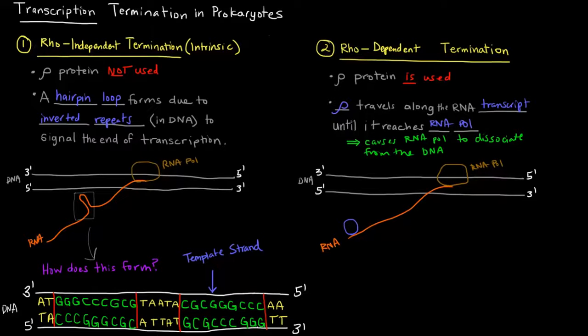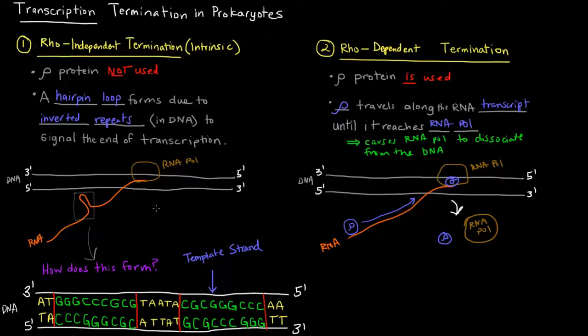Okay, so if we imagine this to be our DNA strands, this is RNA polymerase, it's going through making RNA, then this little rho protein hops along. Now rho is going to travel along this mRNA until it reaches RNA polymerase, and when it does, it's going to cause the RNA polymerase to fall off, dissociate, and of course the rho protein itself will fall off.